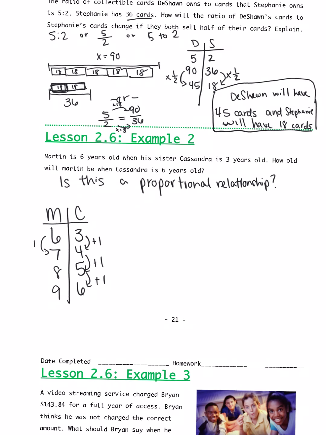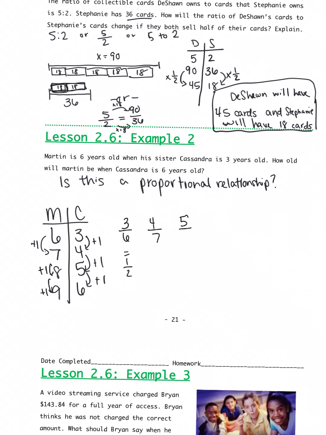So now we have our ratios, and we have to see if they're equivalent. We have 3 over 6, which is equal to 1/2. We have 4 over 7, which cannot be simplified.